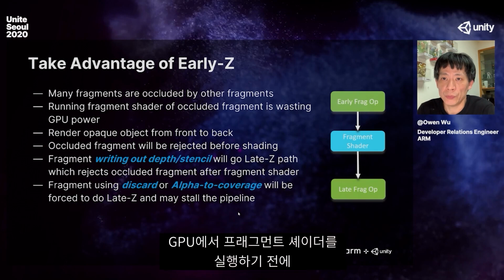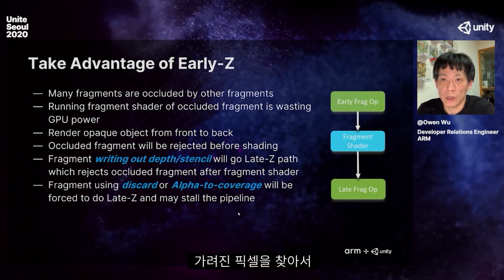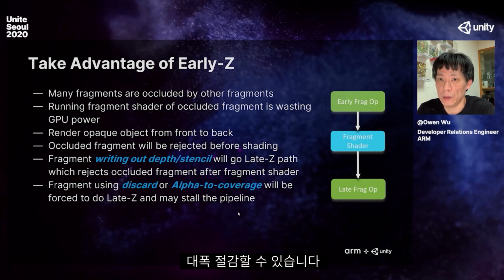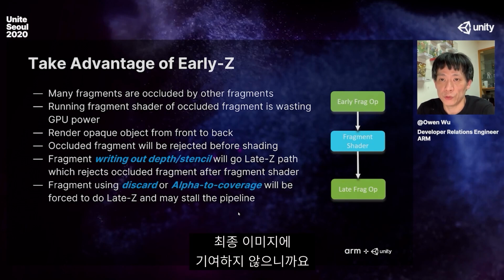So the GPU can find those occluded pixels before running the fragment shader, then kill them directly. So we can save a lot of fragment processing power on those invisible fragments, because these occluded fragments will not contribute to the final image.